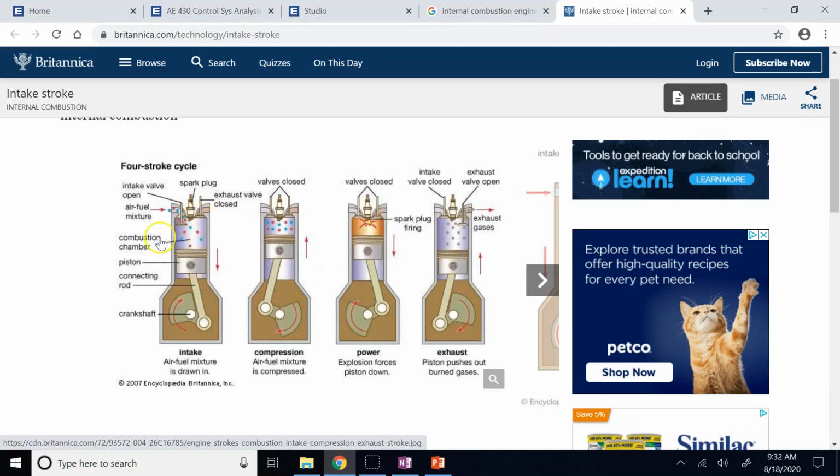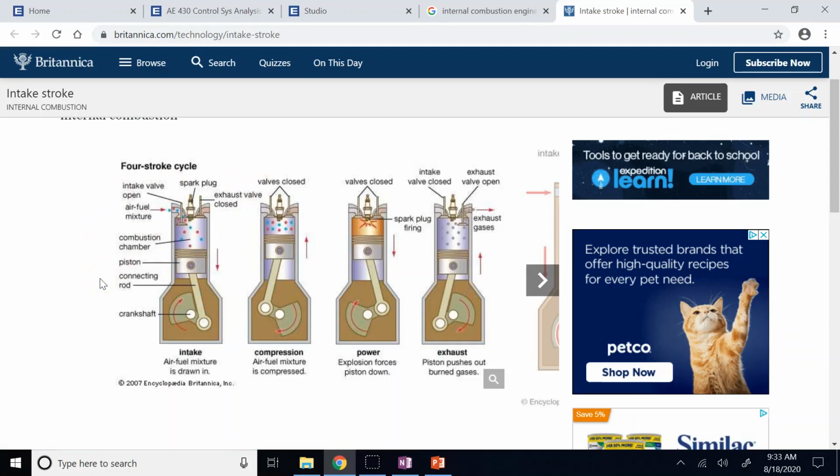So it's during this stage that the inlet valves are open, the exhaust valves are closed, the piston is down, so there is a low pressure region created here which sucks in the air and fuel. In the old engines with carburetors, there still might be some of them around, but these days mostly they are using injectors. So just the air comes in and the fuel is injected by an injector.